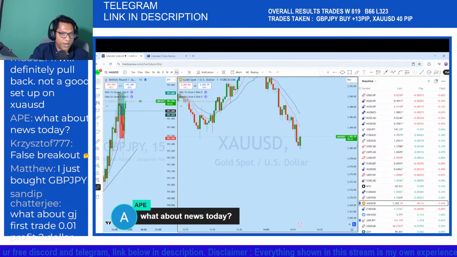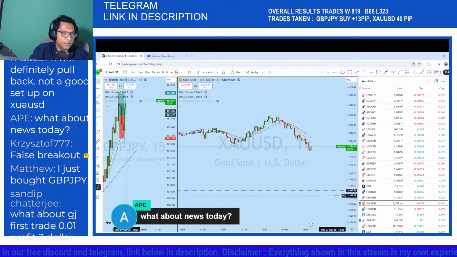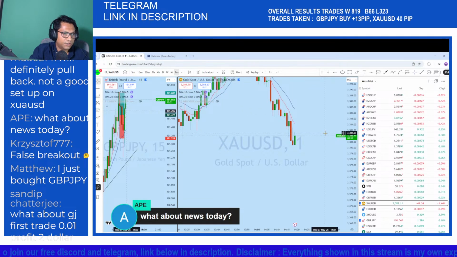Breakout structure is where the probability for a trade is.